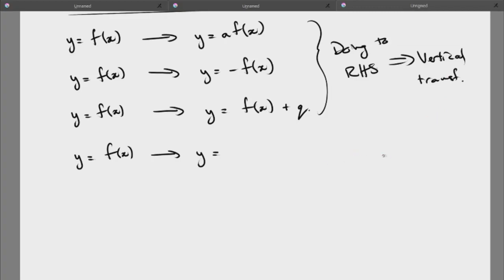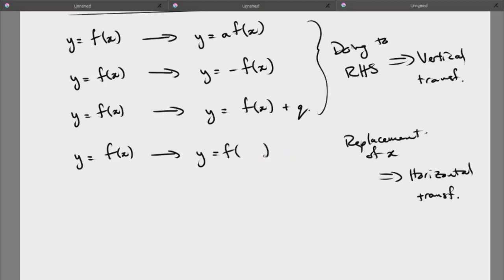The last one was replacement of x, and that results in a horizontal transformation. Whoop, that was not very well written. What did I replace x by?